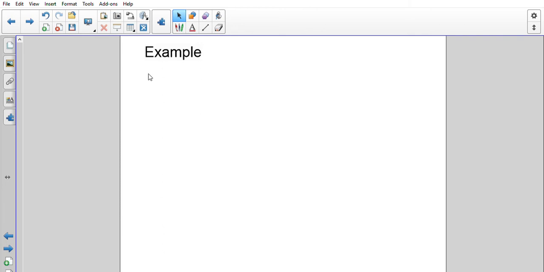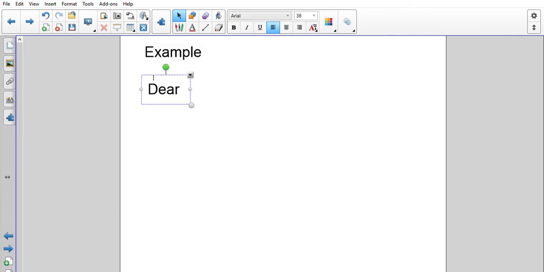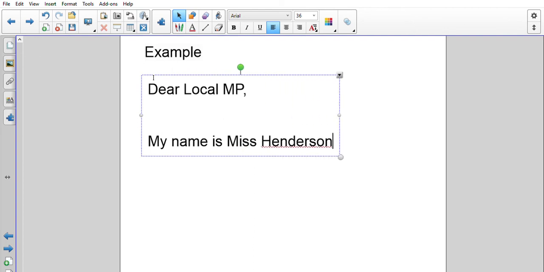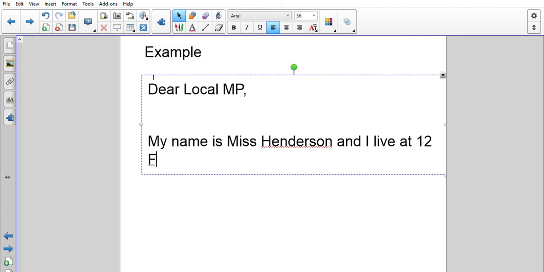So I would want to be writing, dear, we'll say local MP, or it could be to the police, but we'll do it to our local MP. My name is Miss Henderson and I live at 12 First Street. Make something up, don't write your actual address, this is not where I actually live.